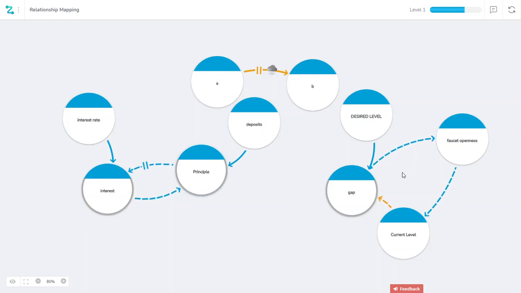The reinforcing structure and the balancing structure are the only structures that there are. It doesn't matter how complex the relationship model is that you create. It's just some number of zero or more balancing and reinforcing structures merged together.